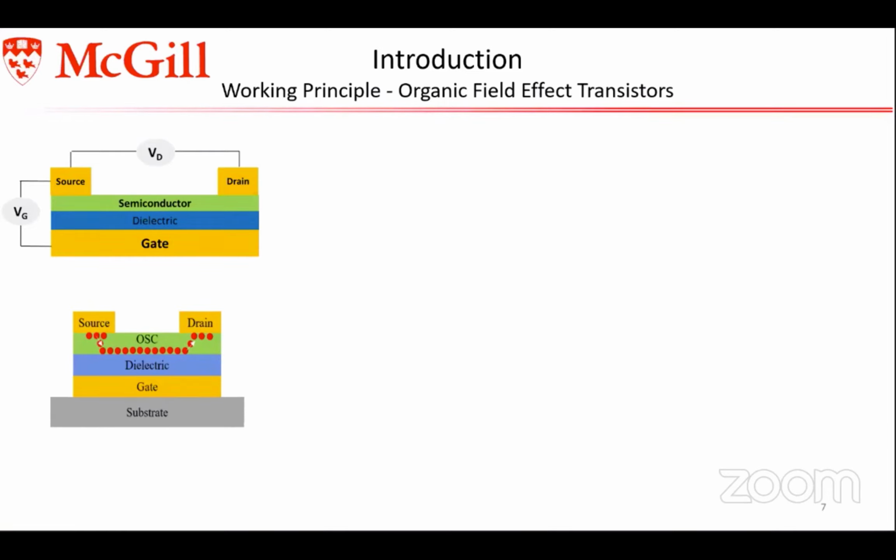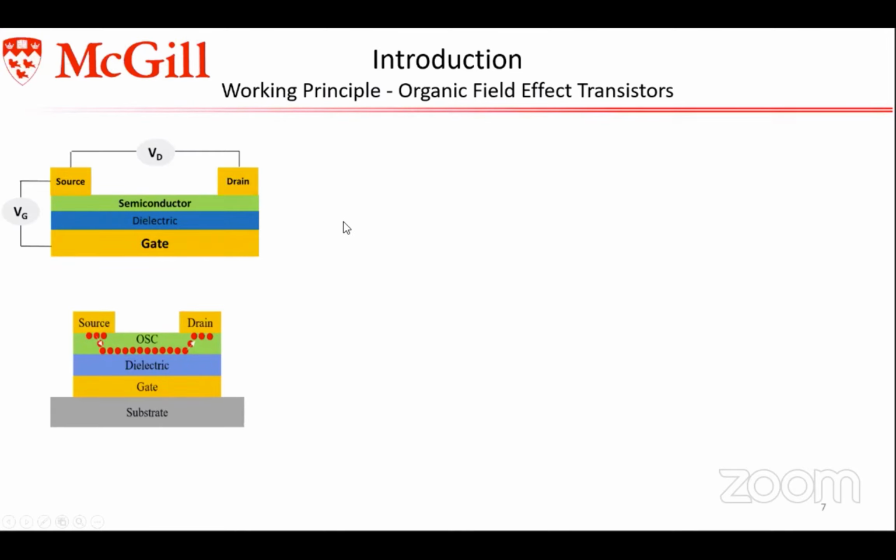The electrical conduction can be modulated in the semiconductor layer by an applied variable electric field between gate and source electrode. The charges upon application of this electric field are accumulated at the organic semiconductor and dielectric interface, and then these charges move through this interface by an applied constant potential between source and drain.